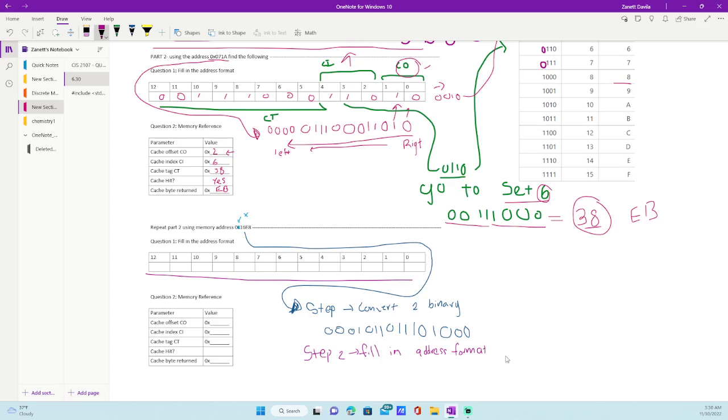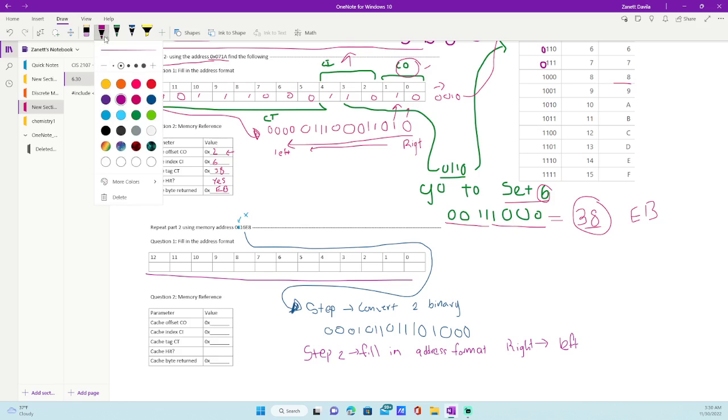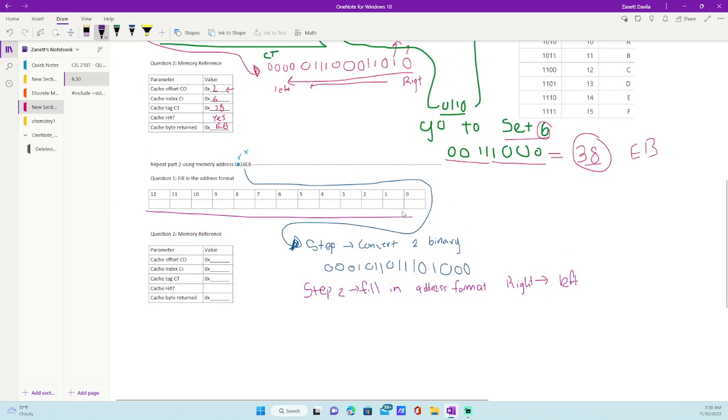We're going to fill in address format right to left. So by filling in our address format right to left, we ensure that we don't need unnecessary numbers. So basically it's plugging these in right to left.